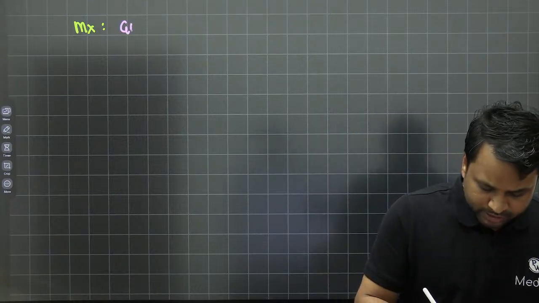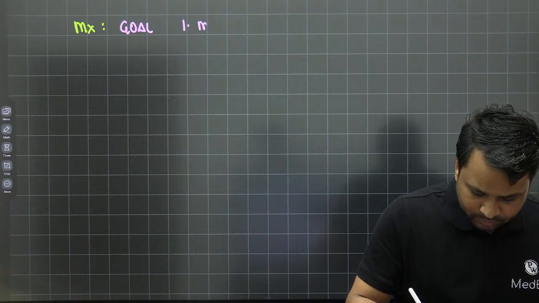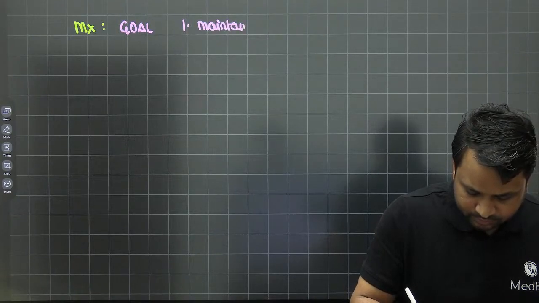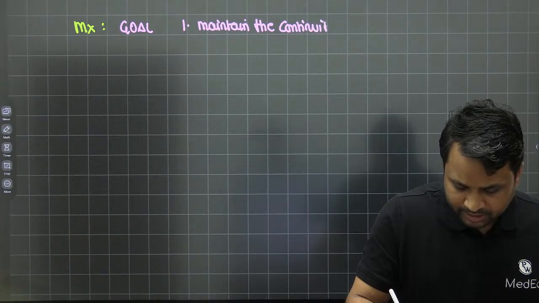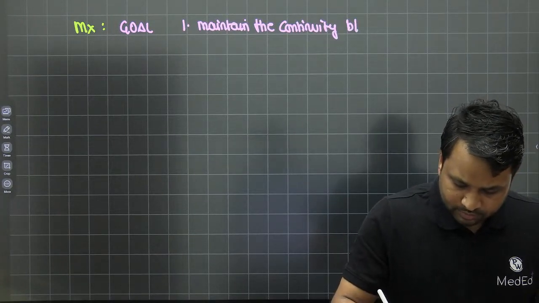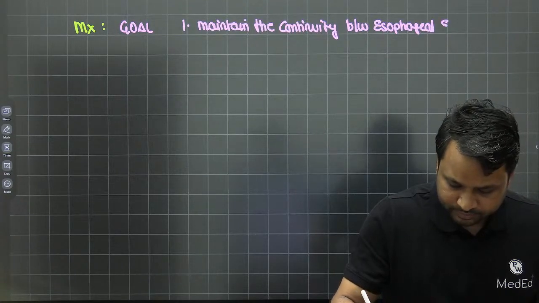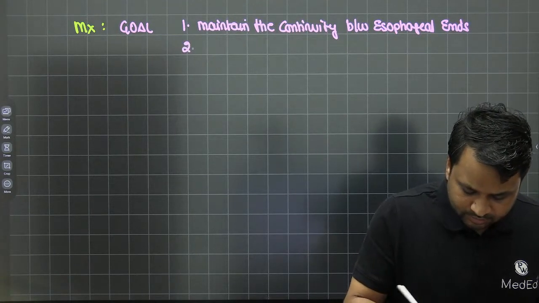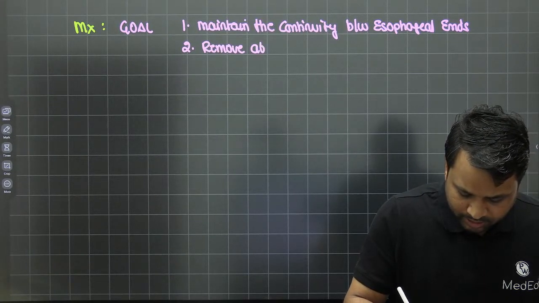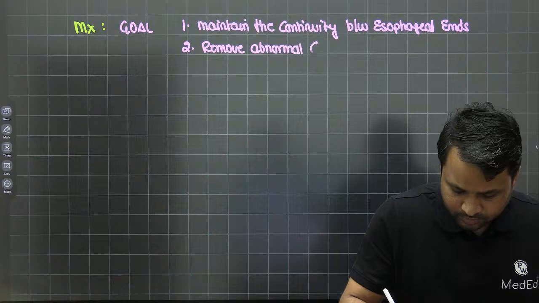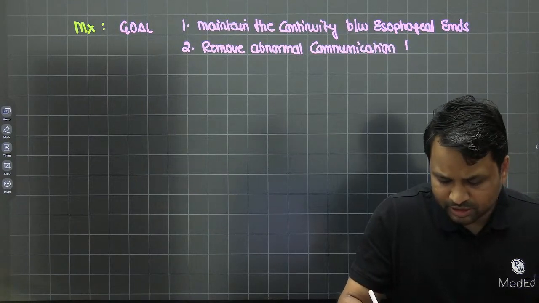Now, the goal for the surgery, number one, maintain the continuity between the esophagus, and second, remove the abnormal communication between the trachea and the esophagus.